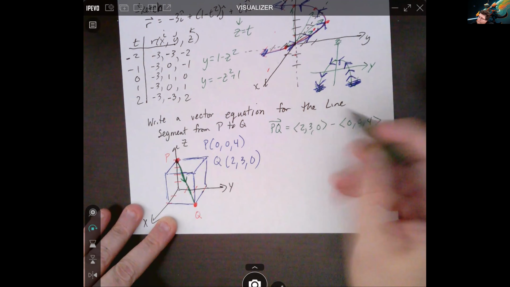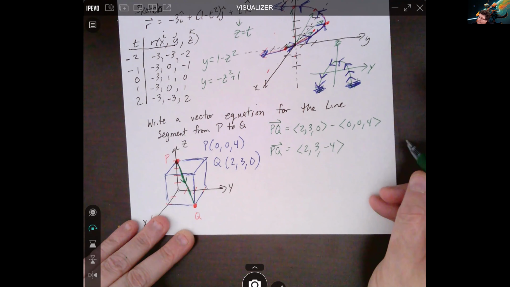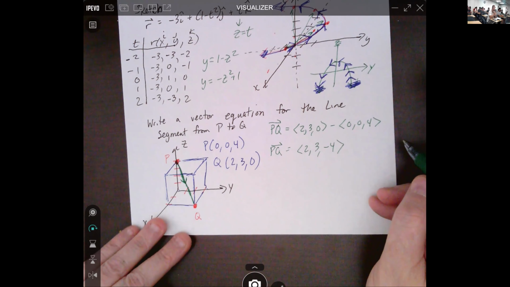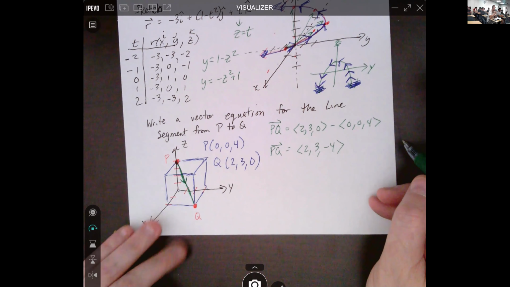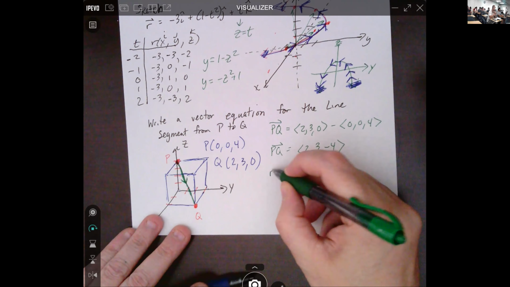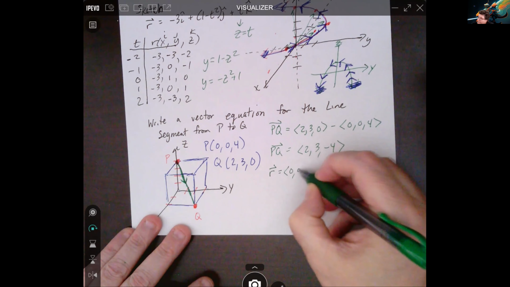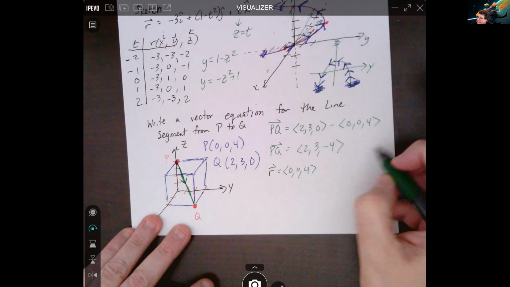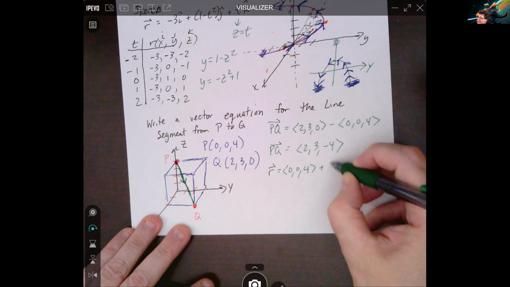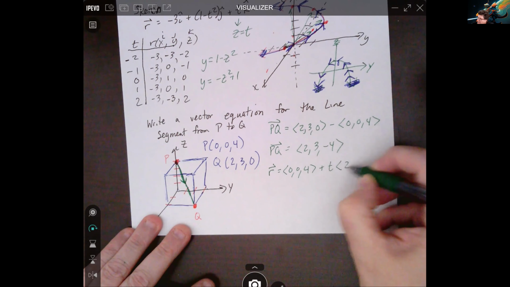What do I do with that? Use P as the initial point and make the parametric equation. So the initial point is 0, 0, 4, and add T times 2, 3, negative 4.